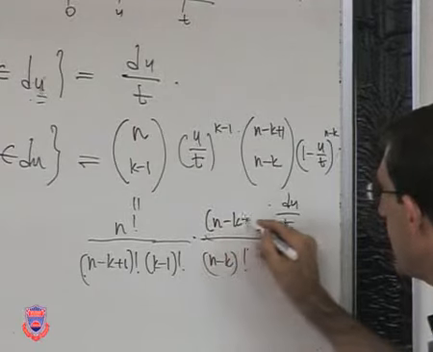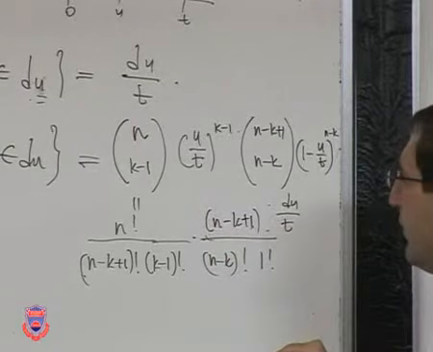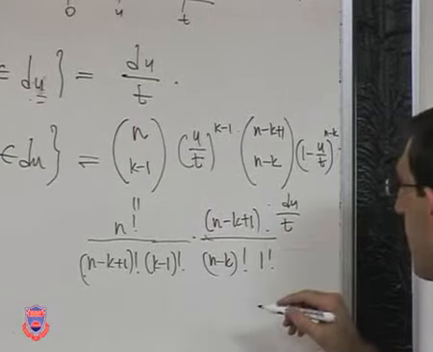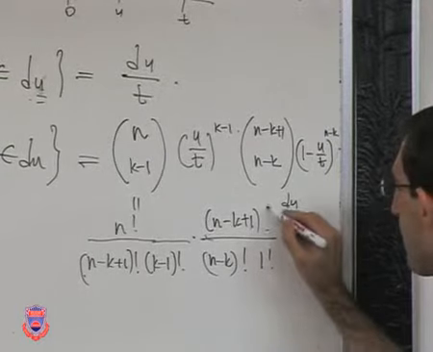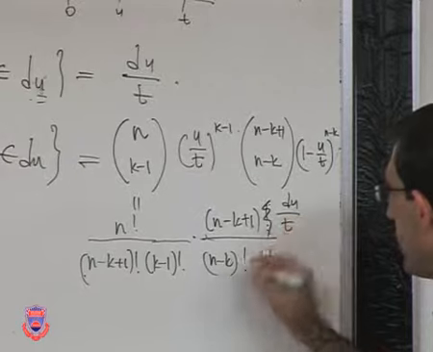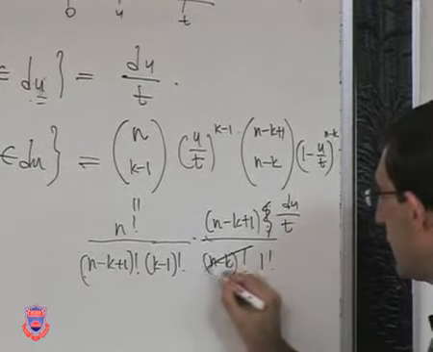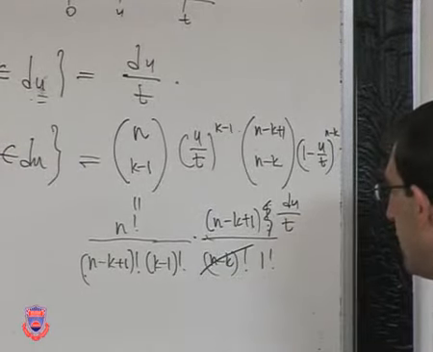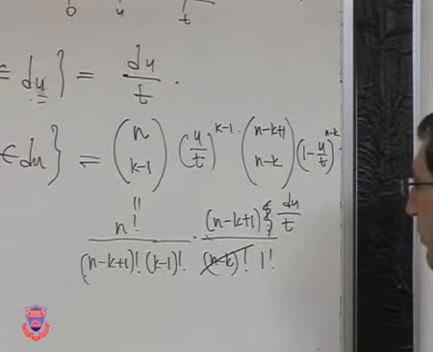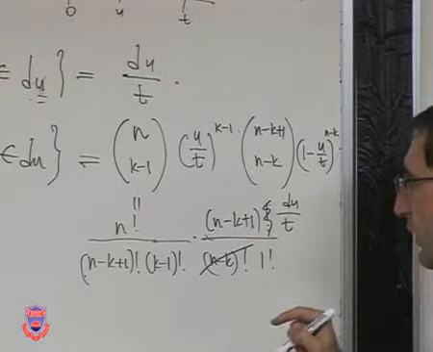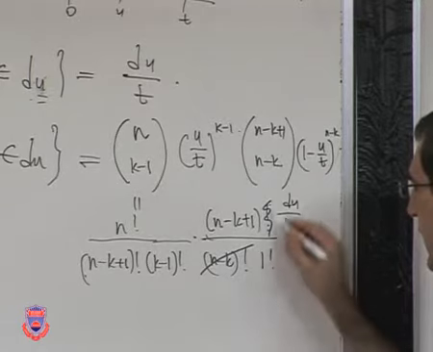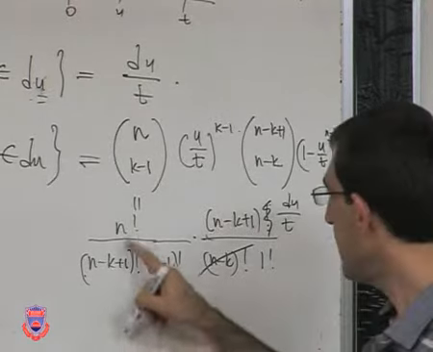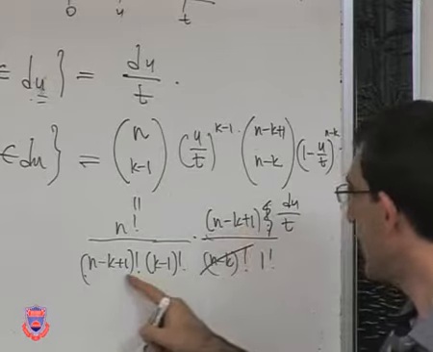N minus k plus 1 factorial, this factorial will get cancelled with this. So that remains like that, and then one of them is going to cancel this one.